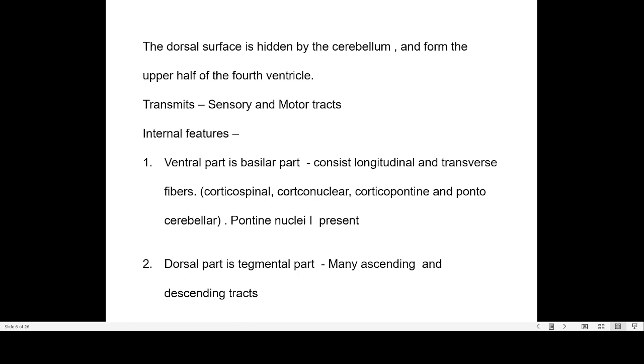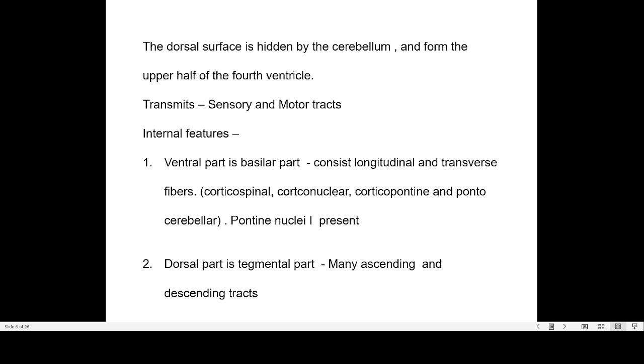Then the dorsal surface, that is posterior. Usually the dorsal surface is hidden by the cerebellum and forms the upper half of the floor of the fourth ventricle.